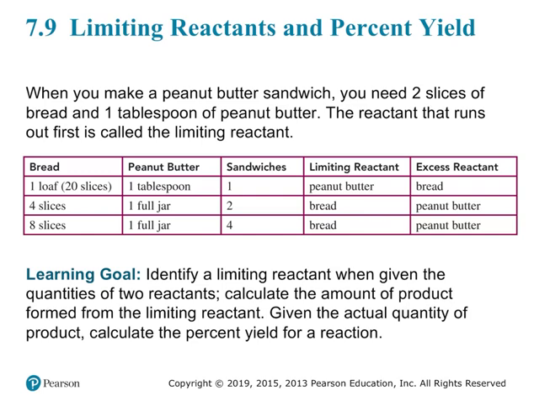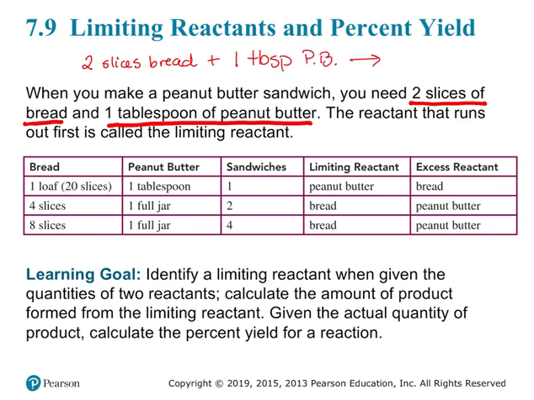You need 2 slices of bread, so that's one of our reactants. And then you also need a tablespoon of peanut butter, so that's our other reactant. So we could write this as a chemical equation. So you need 2 slices of bread plus 1 tablespoon of peanut butter, and that will make 1 sandwich.